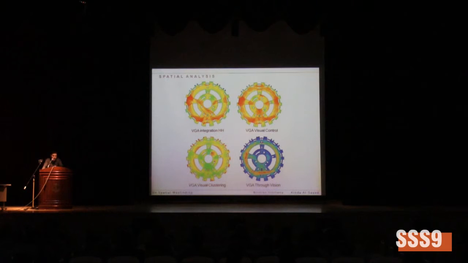Here I'm presenting 4 maps, which I think are the most representative, or the ones which give me more answers to my research: the integration H8, the visual control, in order to analyze how people move or where people move to; the visual clustering, which is like a mix between convex and axial analysis; and the VEA through vision, which have presented previously some similarities with the real movement of people.